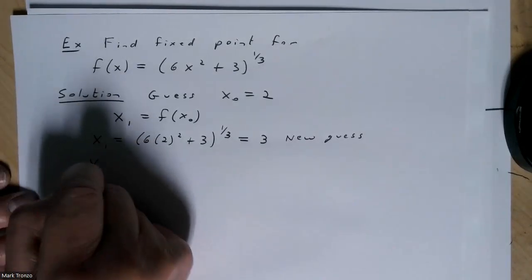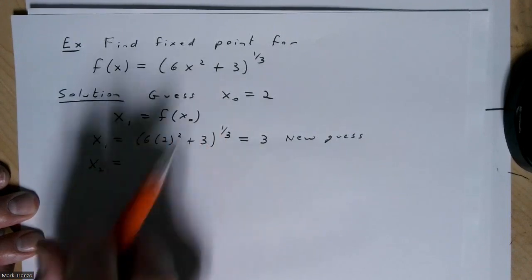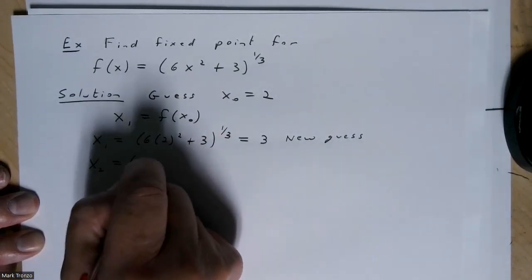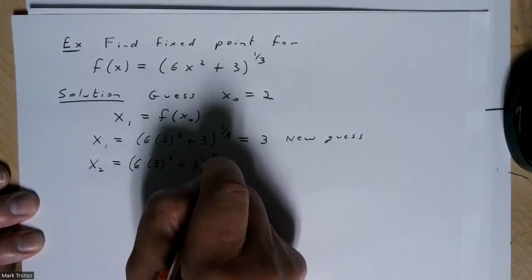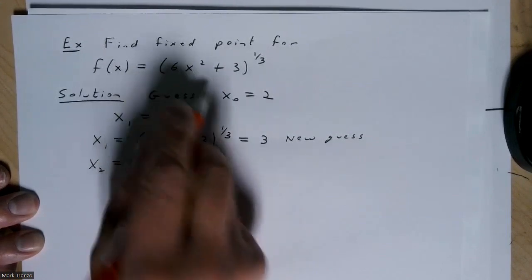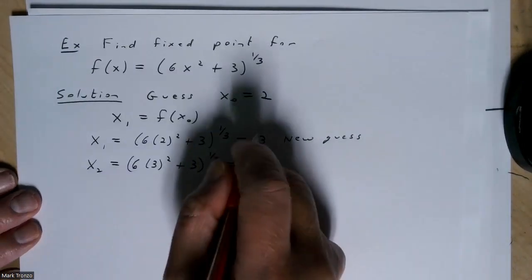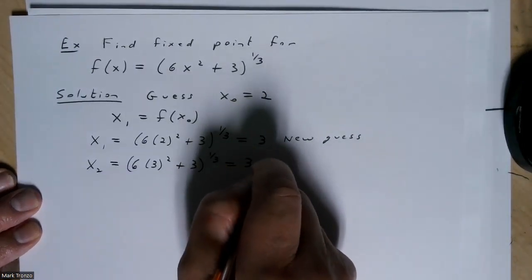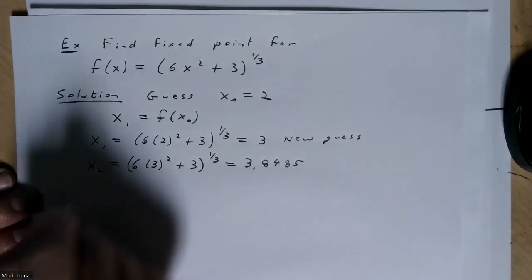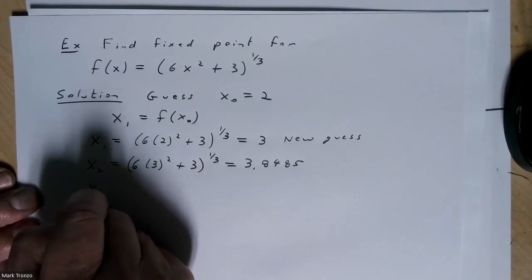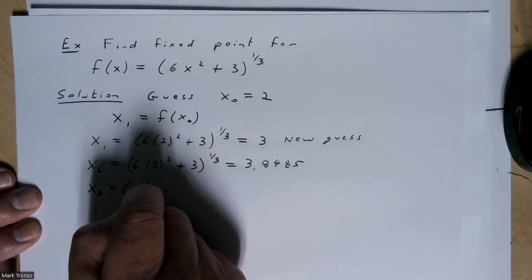And so when we do the next one, we're going to put this 3 into our function. We put this just into our function and find another guess. So this is going to give us 3.8485. Then that's going to be our new guess. Put this into our function.